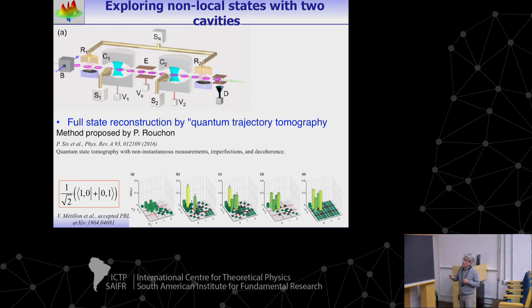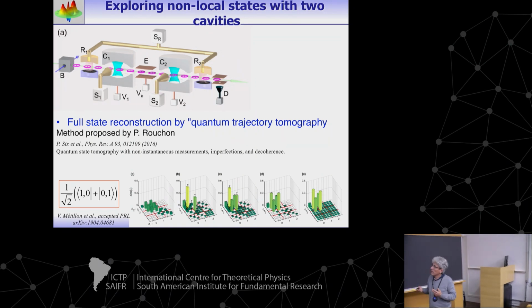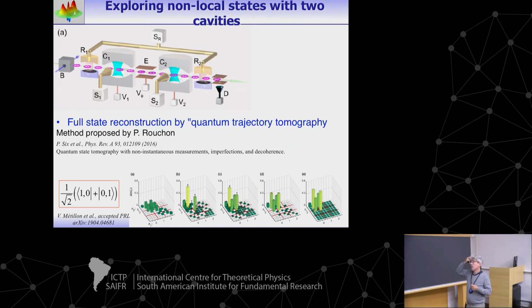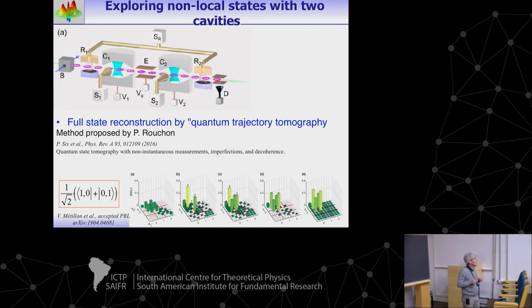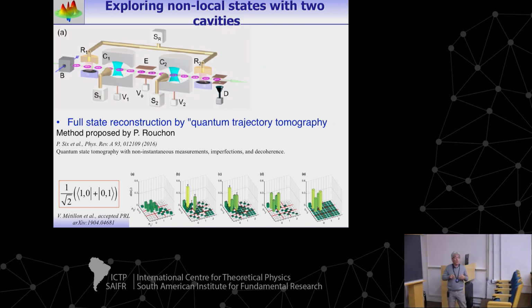The interesting aspect of this is the implementation of an original method for performing state reconstruction. If you have more modes for describing your state, it's more difficult to reconstruct because the Hilbert space becomes larger and larger, and it becomes very expensive to measure everything about the atom.